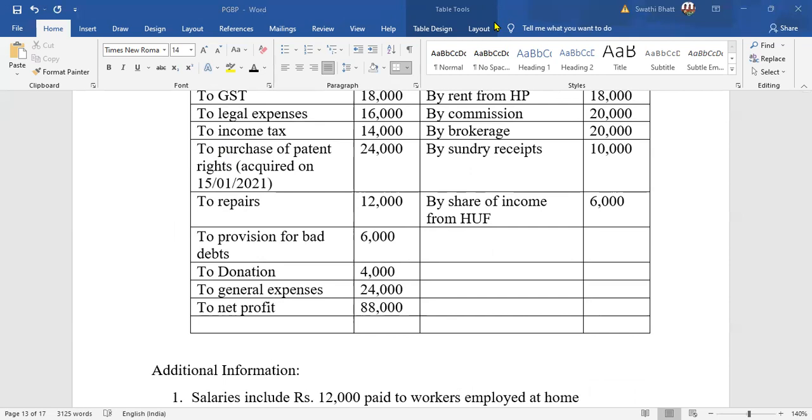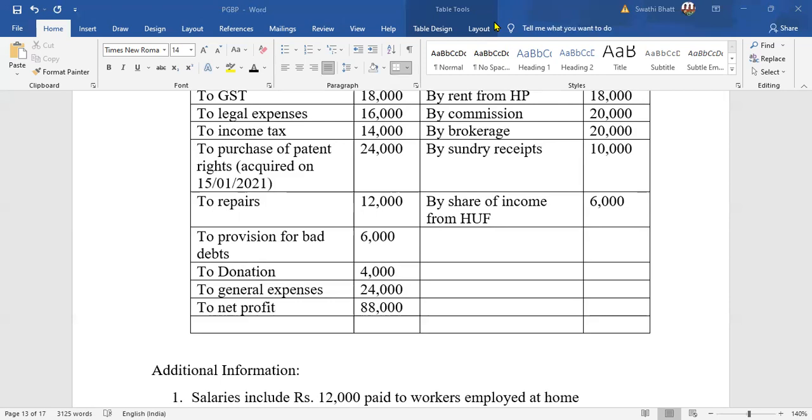The next item that we have over here is purchase of patent right. So you know that assets can be classified into tangible asset and intangible asset. Tangible assets are your land, building, furniture, machinery, and intangible assets are your patents, trademarks, copyrights, technical know-how. All of these are your intangible asset. So whenever you purchase these tangible or intangible assets, all of these are capital expenditure.